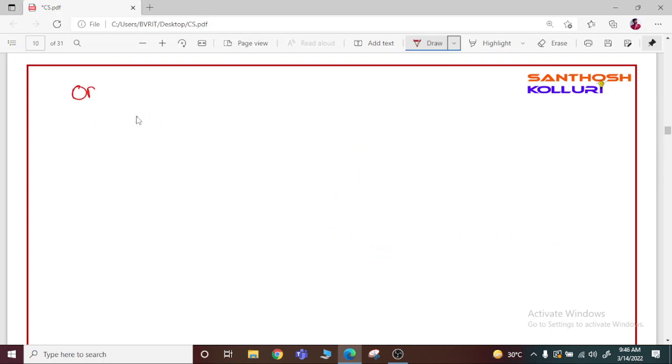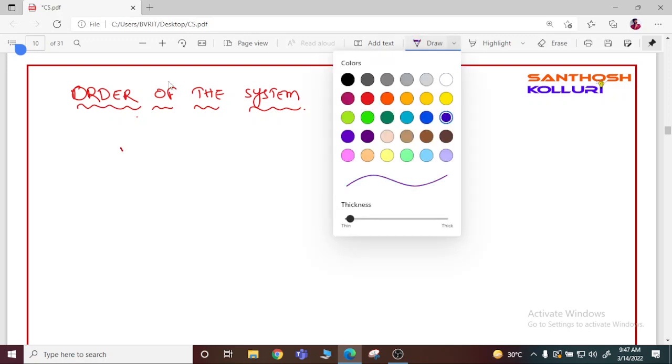Next one is order of the system. Generally we will be describing the transfer function as shown.